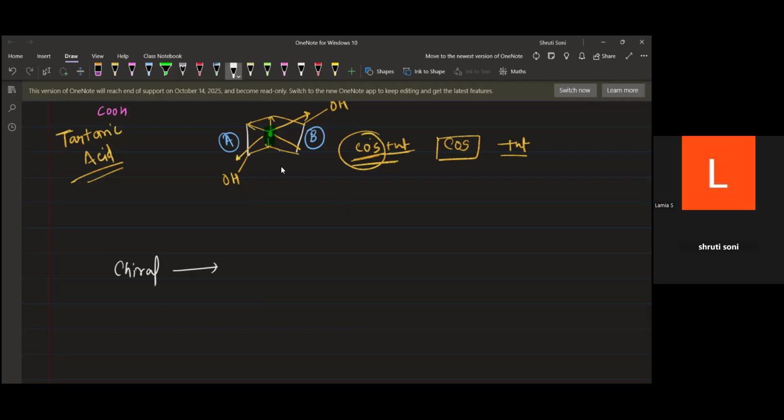A chiral center or chiral stereocenter means a carbon which has all four different groups. All groups need to be different in case of chiral.